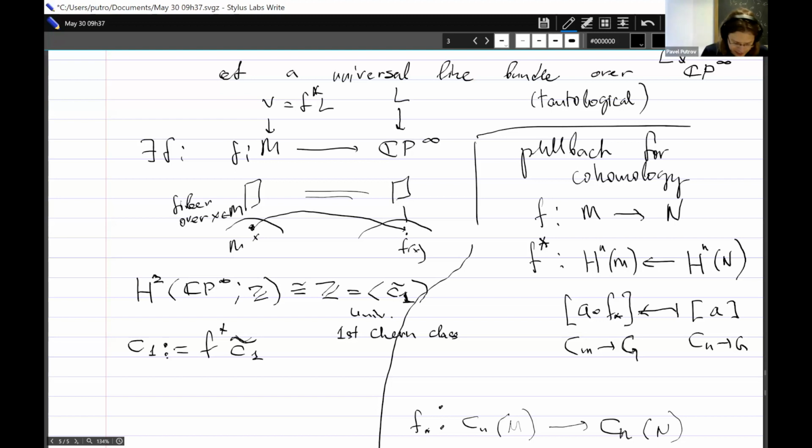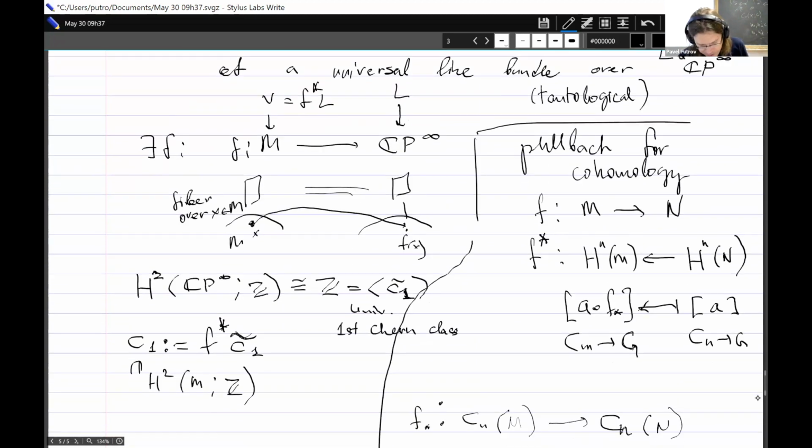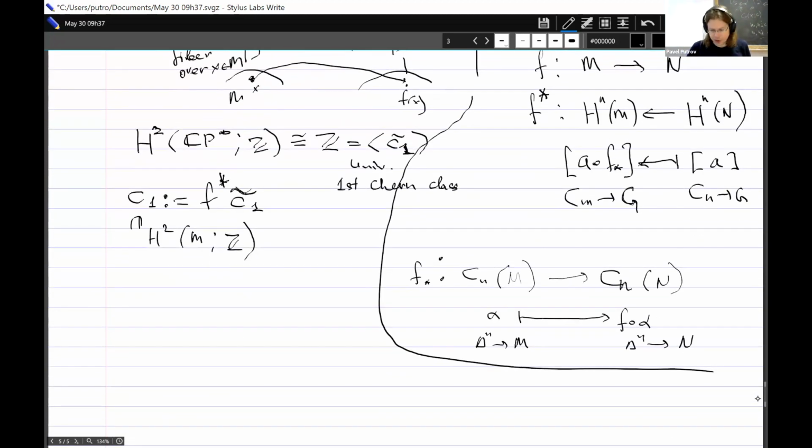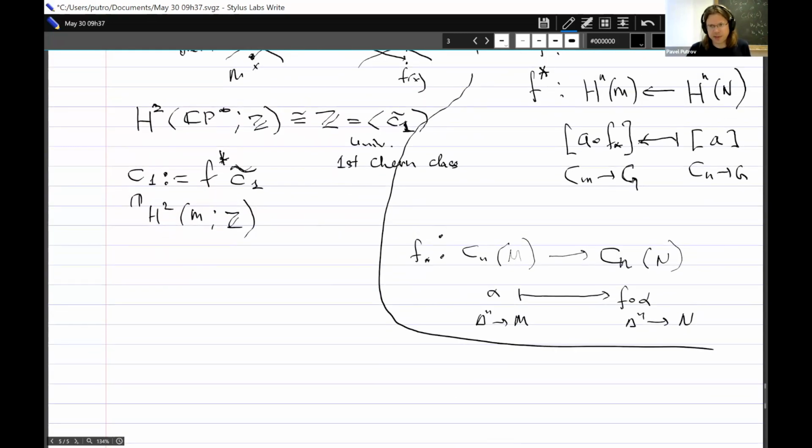So this defines an element of H2 of M. So this idea we just complete. In principle, you can just keep in mind for the purposes of what we will have later the first, more physics interpretation in terms of these defects.